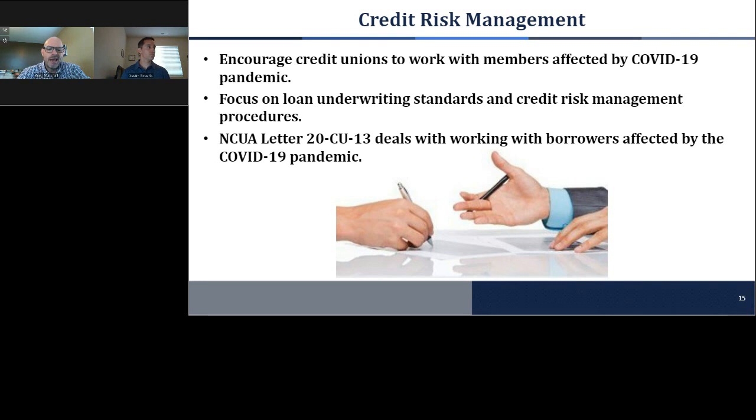So in that light, there's 5 things that examiners will be looking at. Number 1, your loan underwriting standards and your credit risk management procedures, and how those standards and procedures were changed to help provide the relief. Number 2, any adjustments to your program to address borrowers facing the financial hardship because of the COVID-19 pandemic.